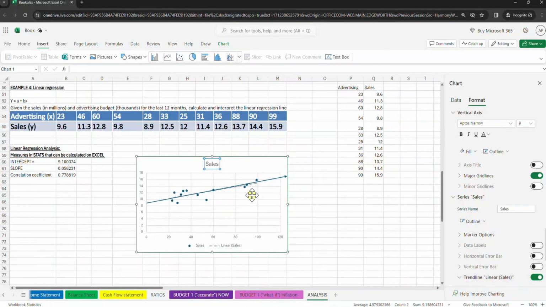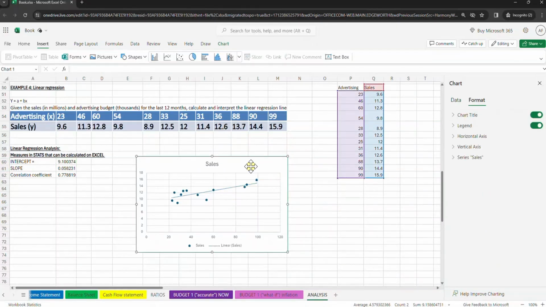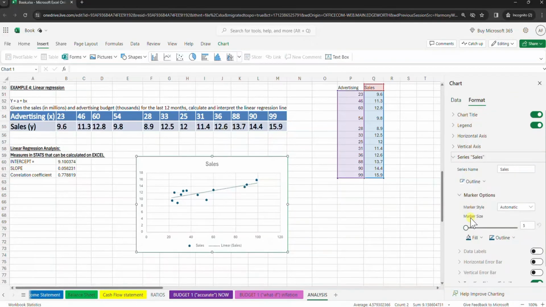So if you click the actual graph, wow, that was pretty close, eh? If I delete it, then under format, I see it is there, but it's a setting, and then we had to insert it. So we click the actual chart, and then it brings up these settings on the right. I had to go to series here at the bottom.